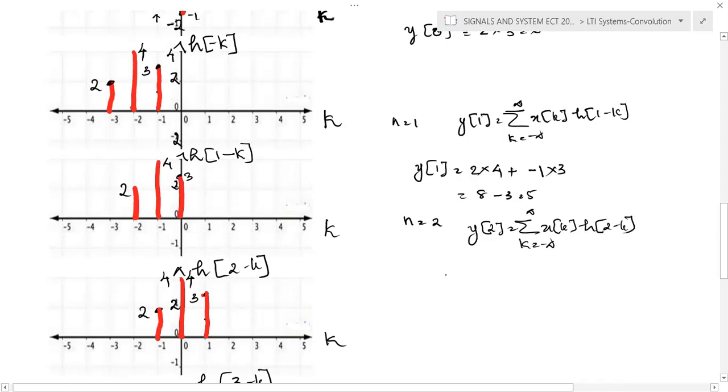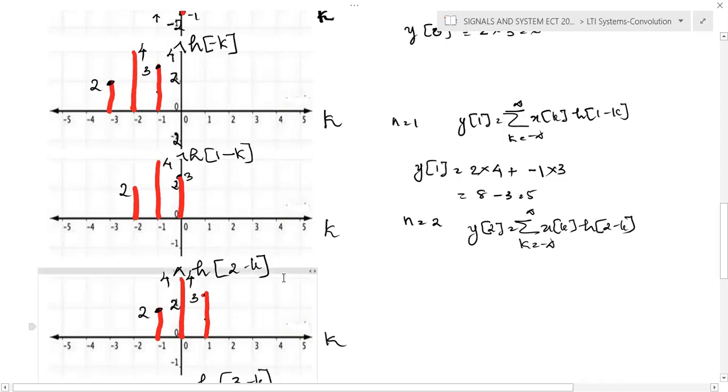And if you observe the signal h of 1 minus k, now we need to draw h of 2 minus k. It's simply 1 unit right. So you can shift the signal h of 1 minus k towards right side 1 unit, you will get h of 2 minus k. If you take the reference h of minus k, you need to shift 2 units. But if you take just the previous signal h of 1 minus k, you need to shift only 1 unit, that is h of 2 minus k.